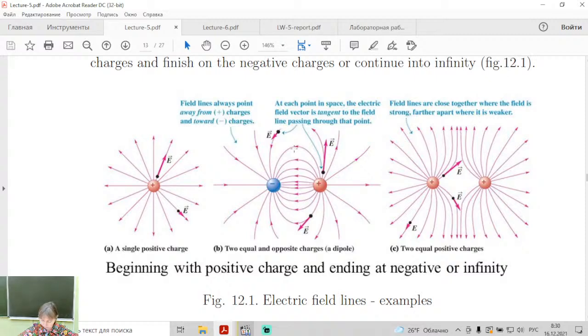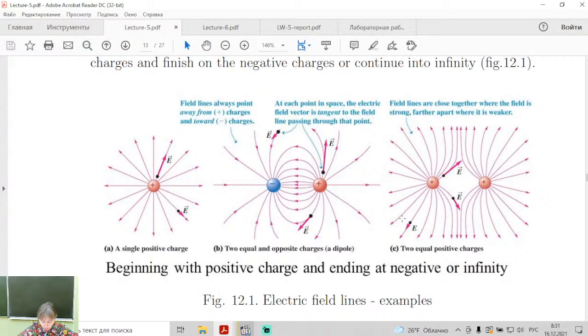First, the first characteristic of the electric field is called strength, tension, or intensity of the electric field. It's a vector E. Look at here, it's E, for one charge and for two charges with different sign and with the same sign.